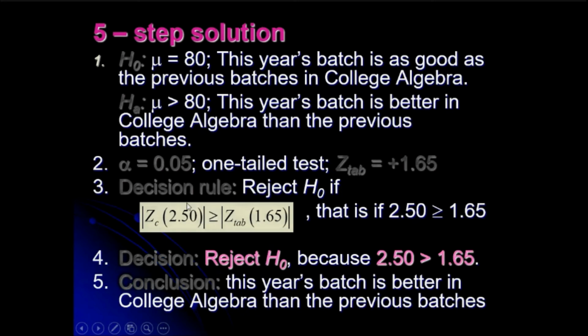If CV is greater than or equal to TV, then reject H0. Okay? Reject H0. Mas mataas ba si 2.5 kay 1.65? Opo. Alright. Therefore, reject H0. Okay? Because 2.5 is greater than 1.65.